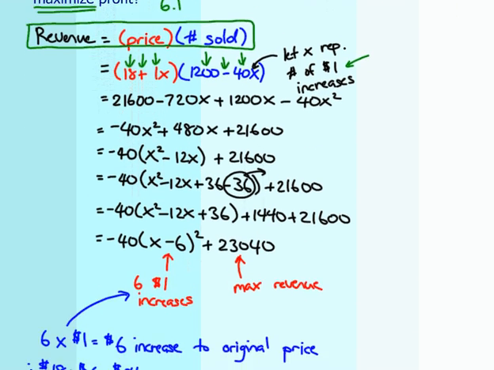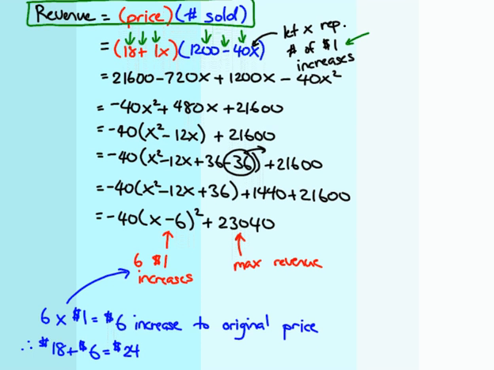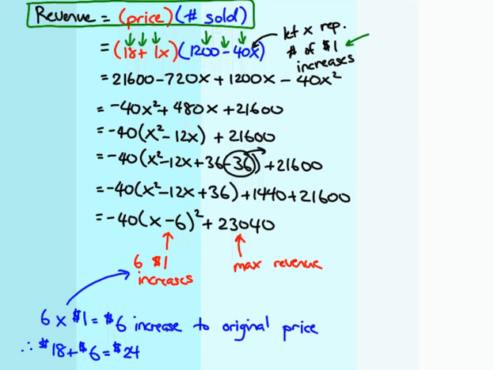So I'm going to do FOIL and expand up until I get to standard form, which is right about here. All right, and then the rest of it is completing the square. So that again was 6.1, completing the square. Now I have my vertex form.